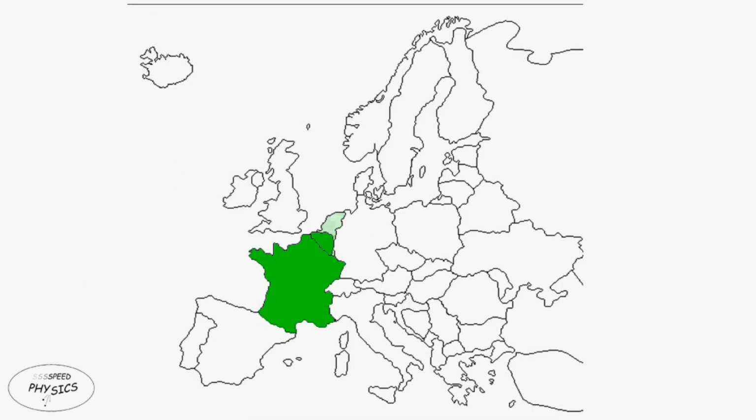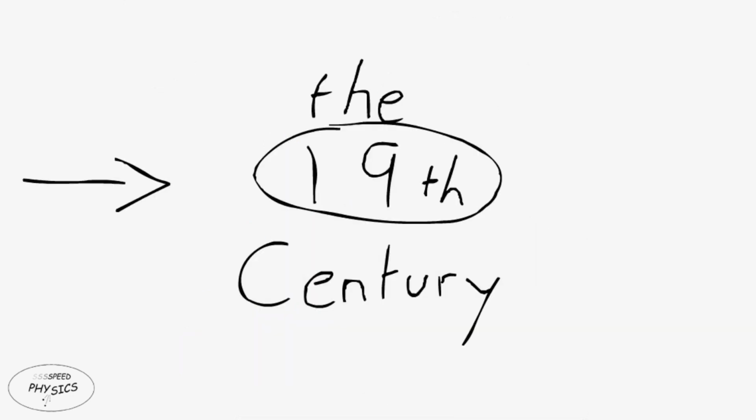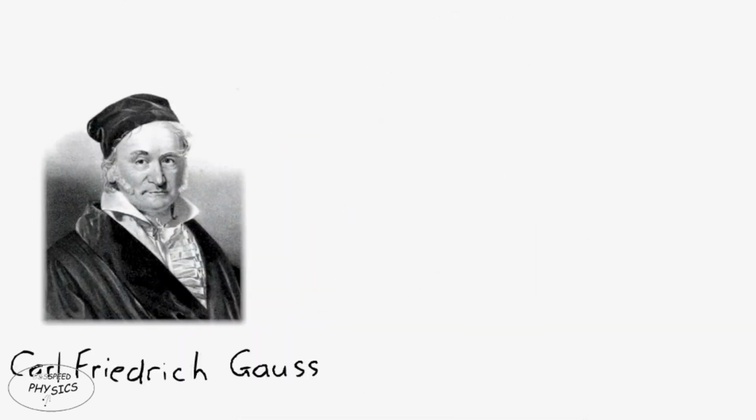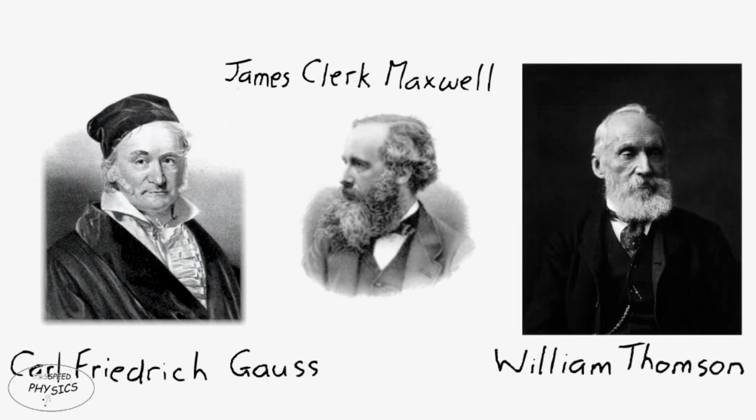As time went by and the news of the unit system spread, other countries got involved. Eventually, an international body was set up, the Système International de Unités. Anyway, in the 19th century, things gathered apace. Contributions were made by many famous scientists, among them Carl Friedrich Gauss, James Clerk Maxwell, and William Thomson, later Lord Kelvin.